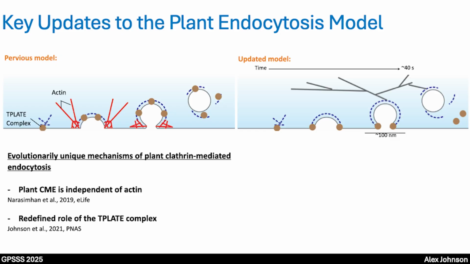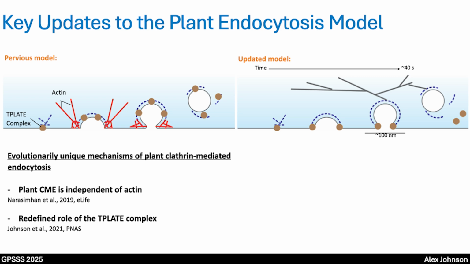So for years, people predicted that actin was involved in plant bending because you have even higher levels of turgor pressure. But by looking directly at single events of endocytosis at the high resolution live single event scale and at the ultrastructure layer, we showed that actually you don't need actin to do this. So it's evolutionarily distinct from all the other eukaryotic model systems we've looked at.